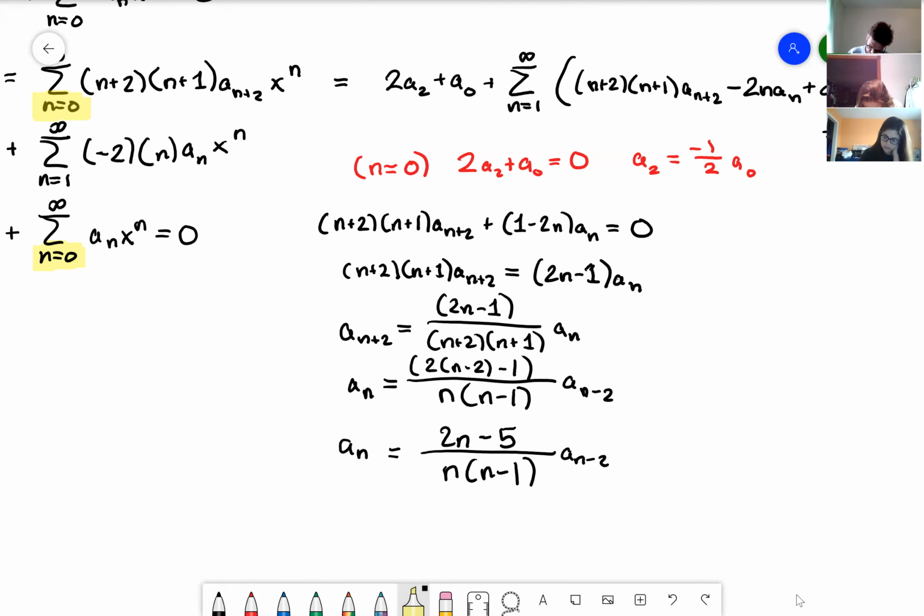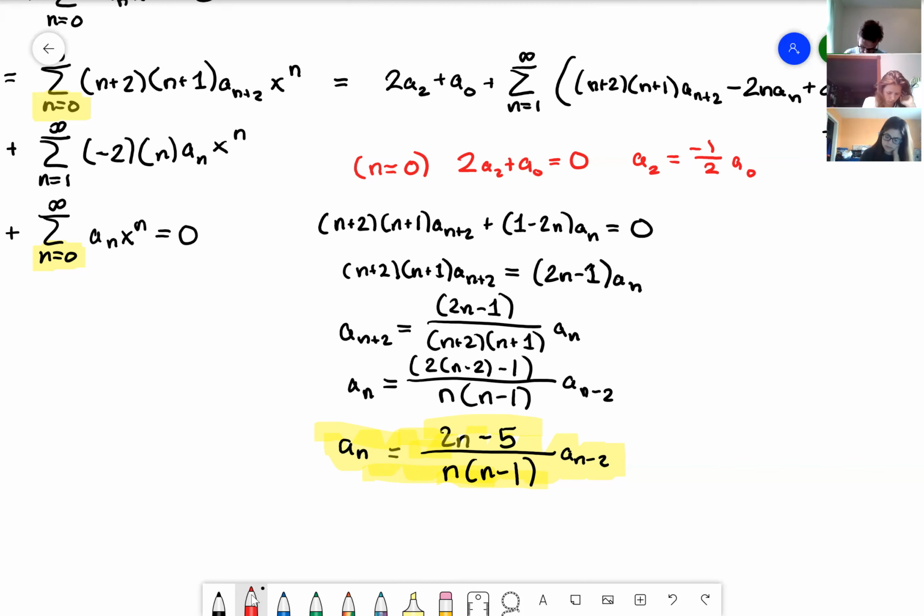Okay. So this gives me my recurrence relation, with possibly the exception of what happens whenever n is equal to 0. So let's plug that in and see what happens. Yep, we have a problem. We would have a division by 0. We would have that when n equals 1 as well.